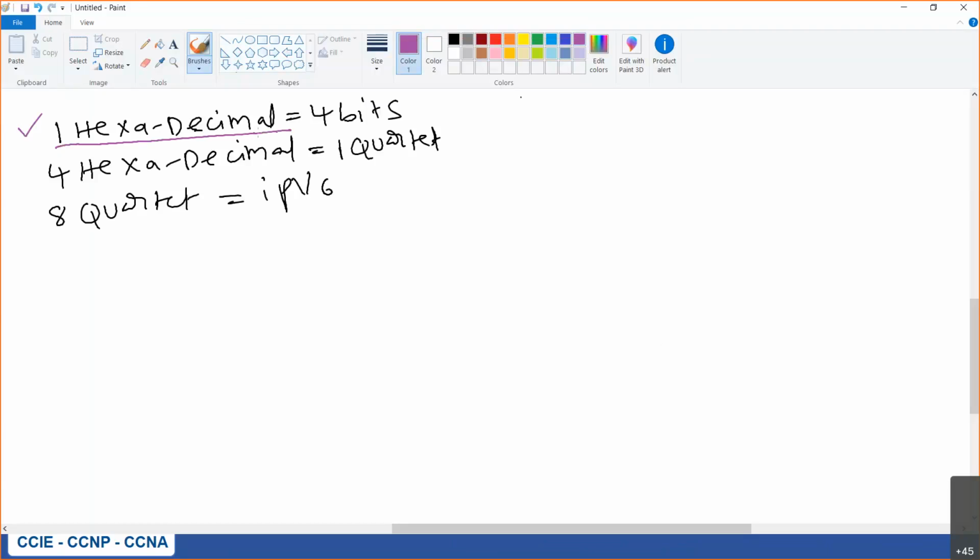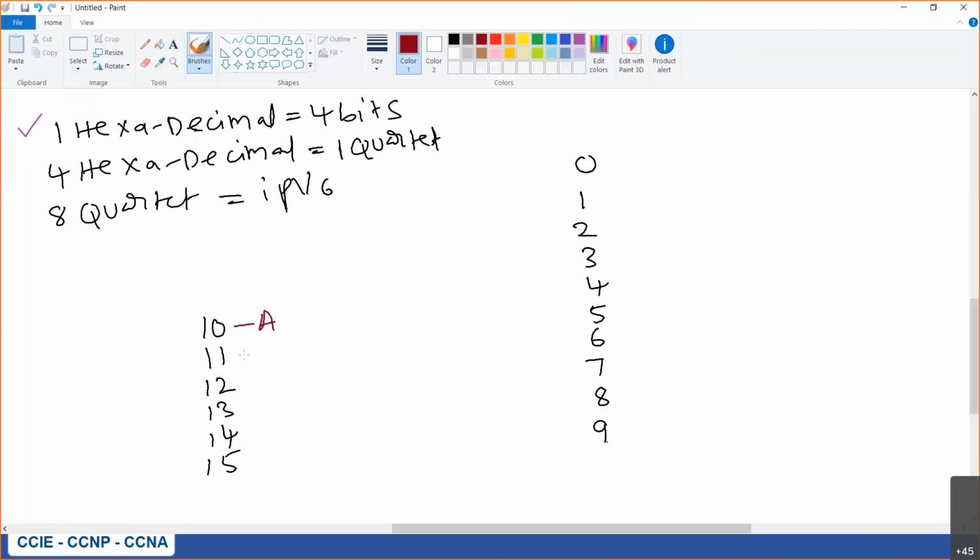1 hexadecimal. So first let me write the hexadecimal numbers. What are hexadecimal numbers? 0, 1, 2, 3, 4, 5, 6, 7, 8, 9, 10, 11, 12, 13, 14, 15.